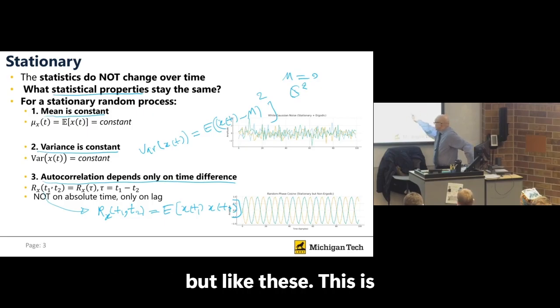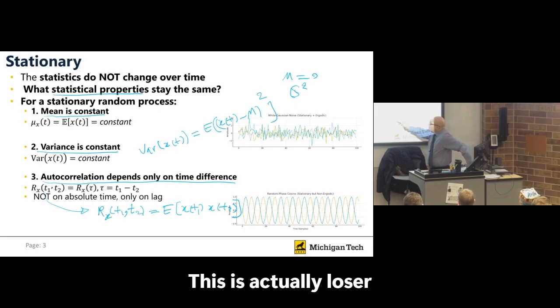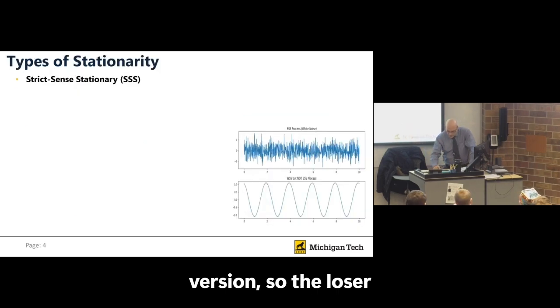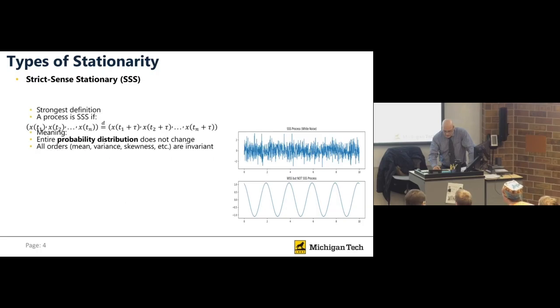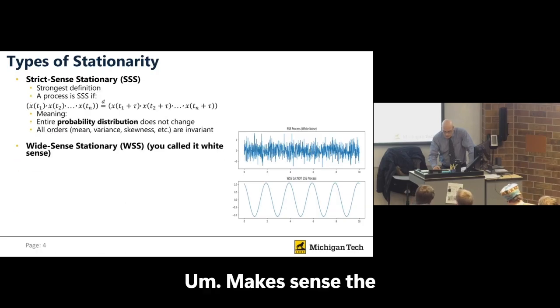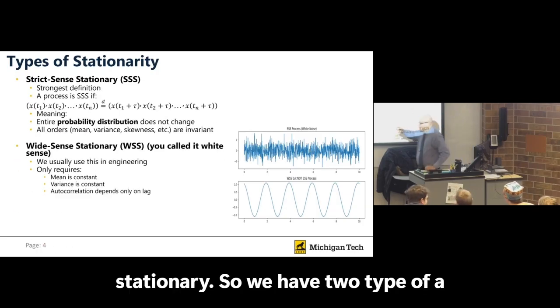But this is not exactly like that. This is actually a looser version. The looser version is called wide sense stationary. So we have two types of stationary.